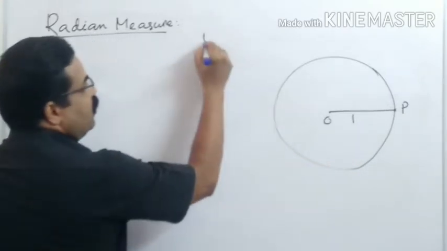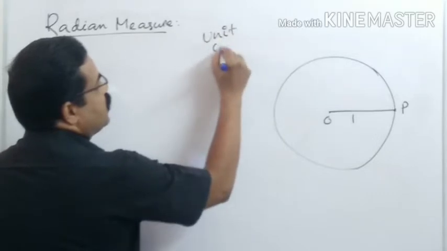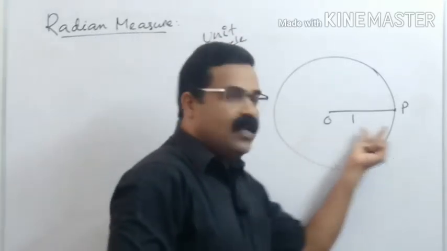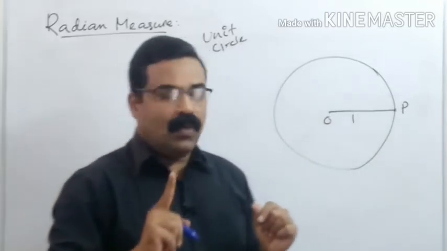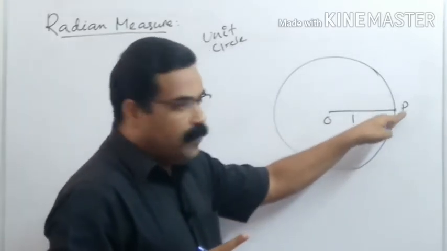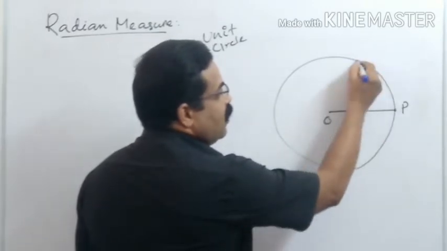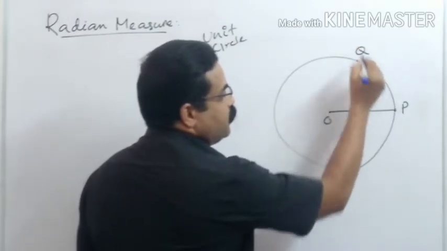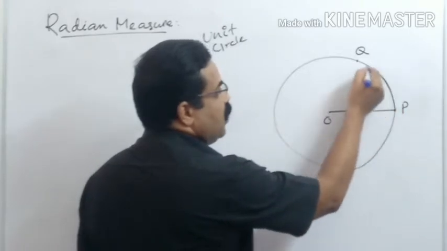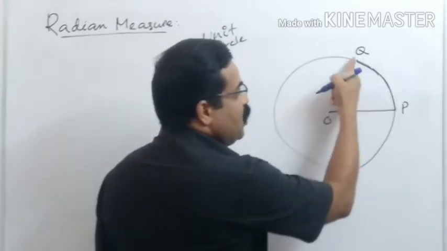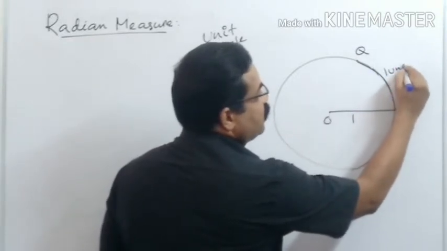So what we have taken is a unit circle, and the radius is equal to 1. Now from P, start moving till Q in such a way that the arc length PQ is also equal to 1 unit.